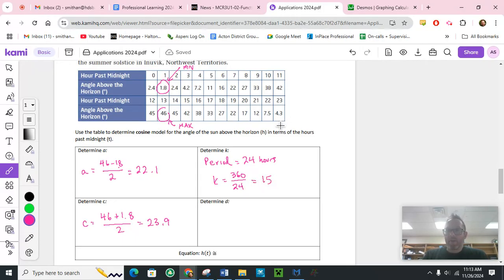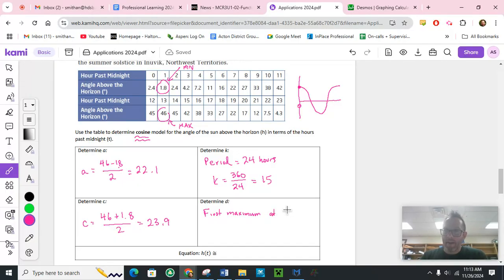And the last thing we need to do is to find a phase shift. Now note, we are making a cosine model, and normally our cosine functions start with a maximum at t equals 0. Where does our data have its first maximum? Our first maximum is not at t equals 0.